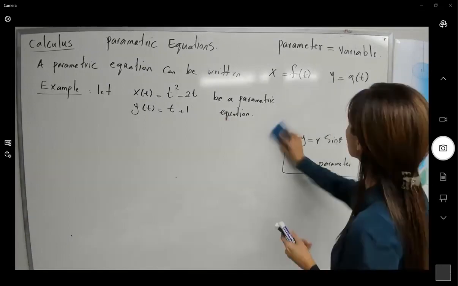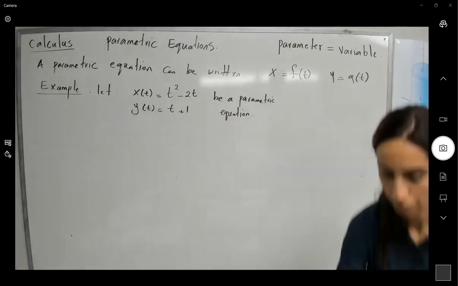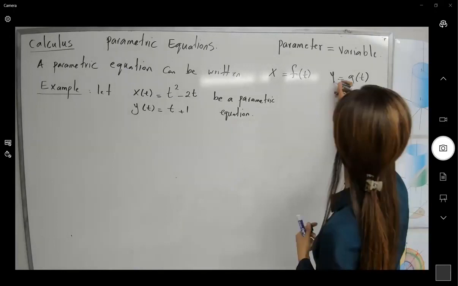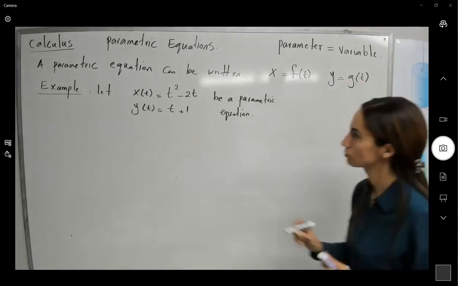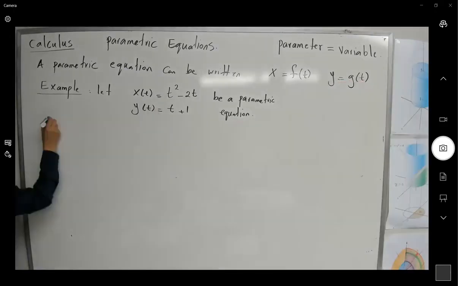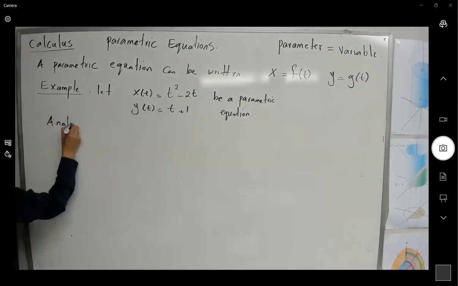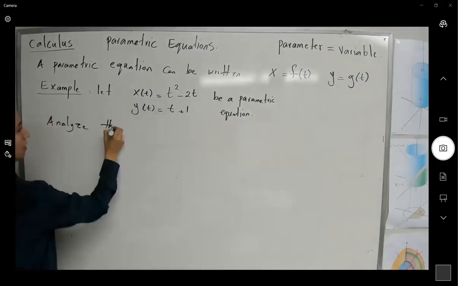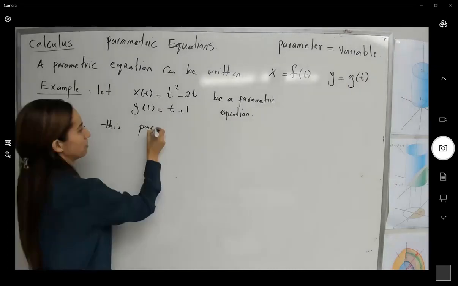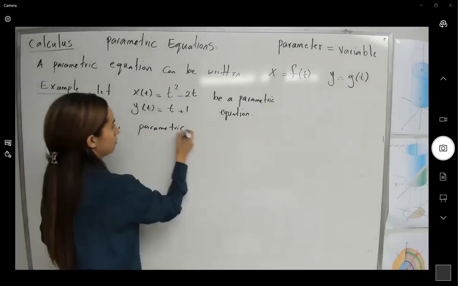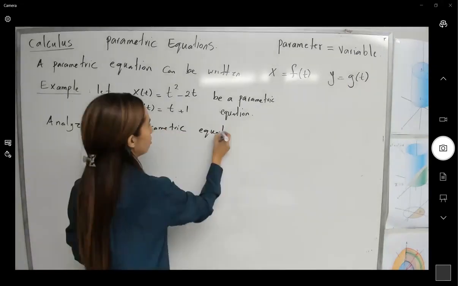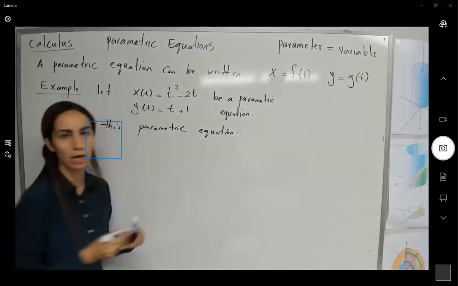What's the graph like? Analyze this parametric equation. Well, okay. How do we analyze this parametric equation?